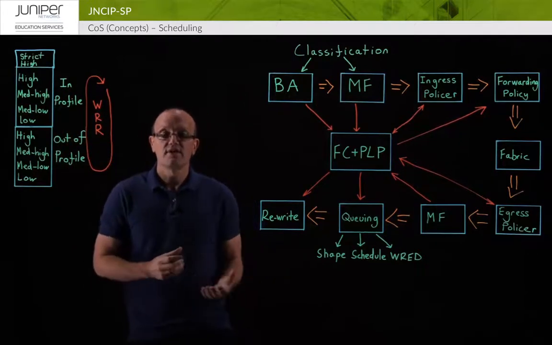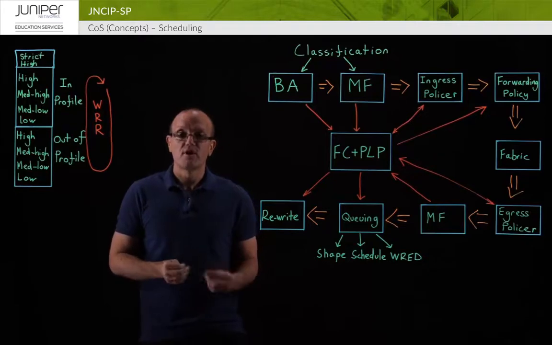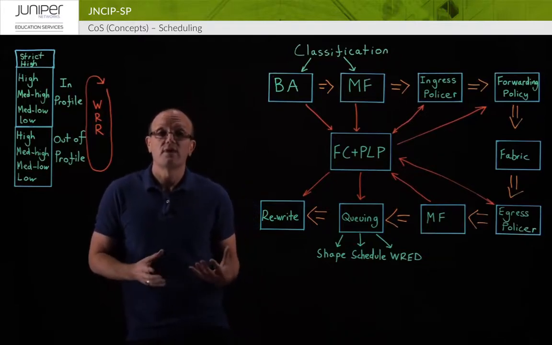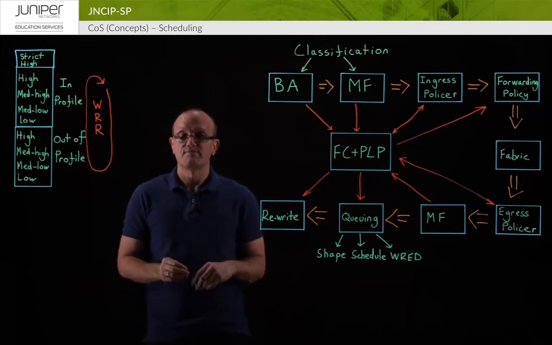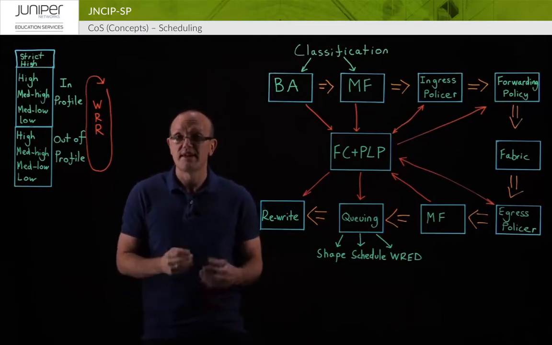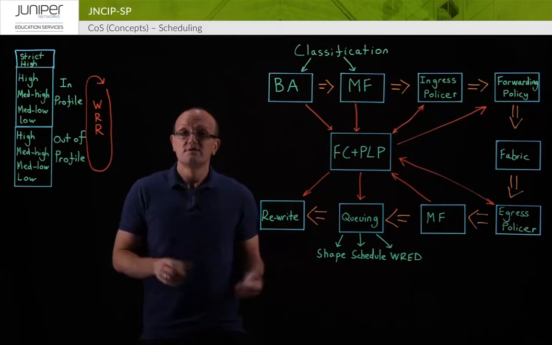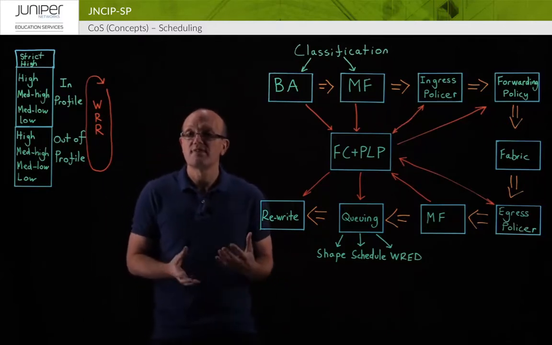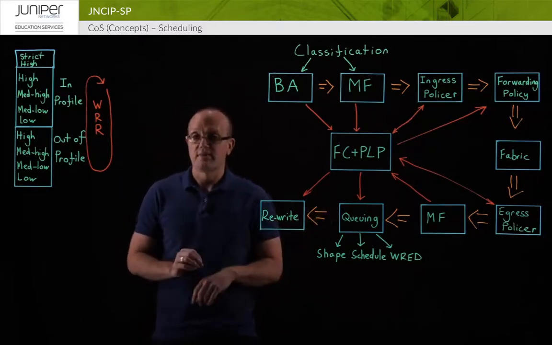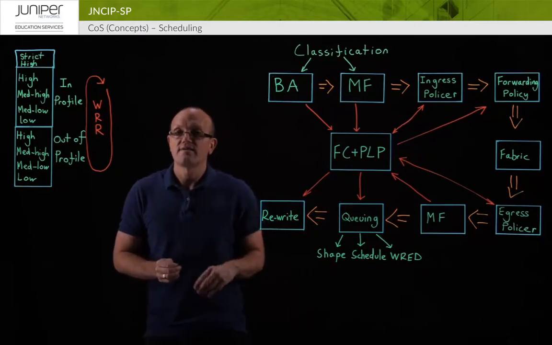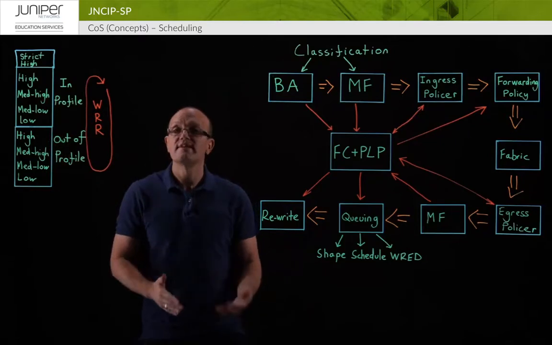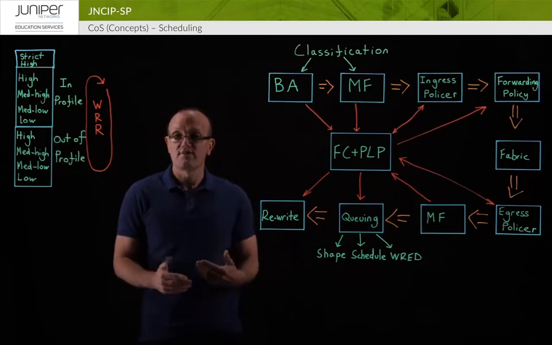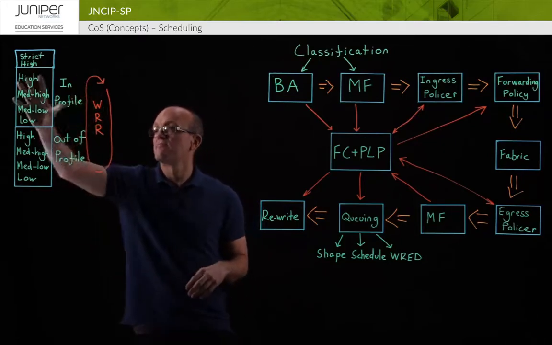So there's a second configuration parameter, transmit rate, that we're assigning to a scheduler along with priority. And this transmit rate could be an absolute rate, so 100 megs. It could be a percentage of the interface bandwidth. And as long as a particular forwarding class is operating below that transmit rate, it's said to be in profile.